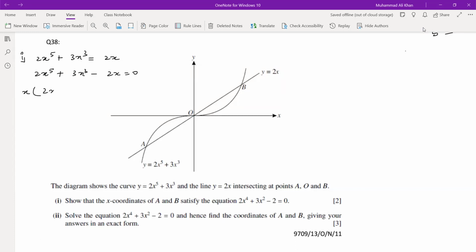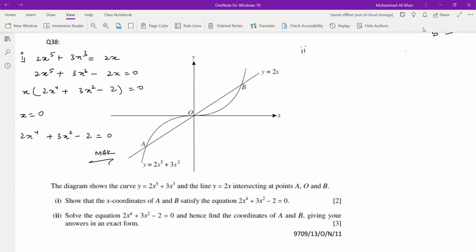Yes, it is x(2x to the power 4 plus 3x squared minus 2) equals 0. So first x equals 0 and second 2x to the power 4 plus 3x squared minus 2 equals 0, which we have to prove for the first part. Any confusion? Clear?